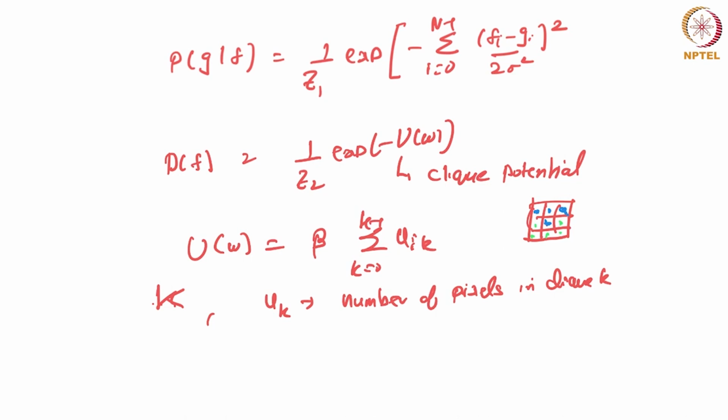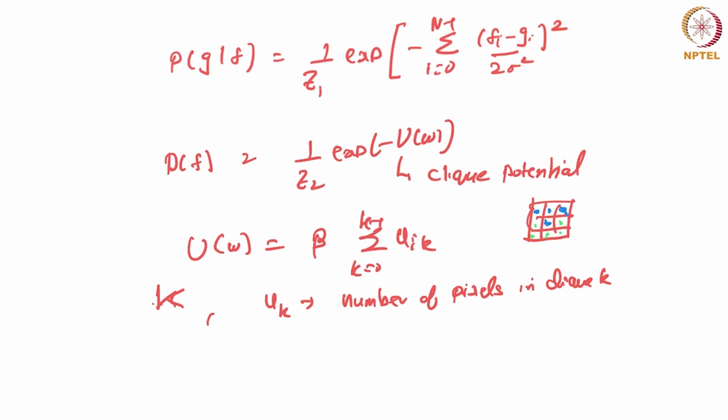So you prefer images which have small neighborhoods with pixel values being almost the same. That's the smoothness you are enforcing with this kind of potential function. This is in terms of probability.